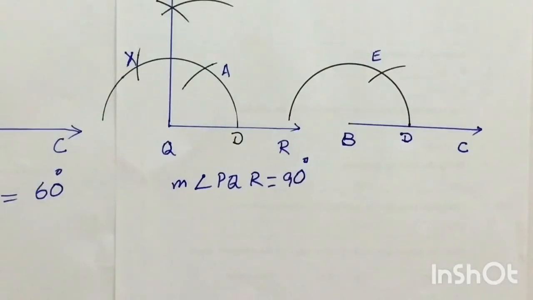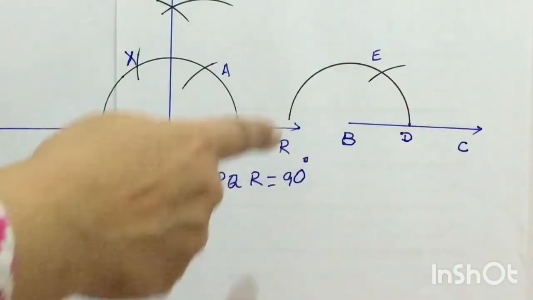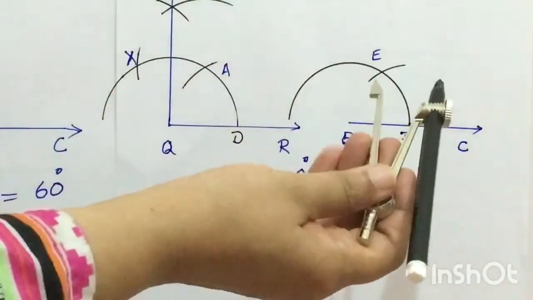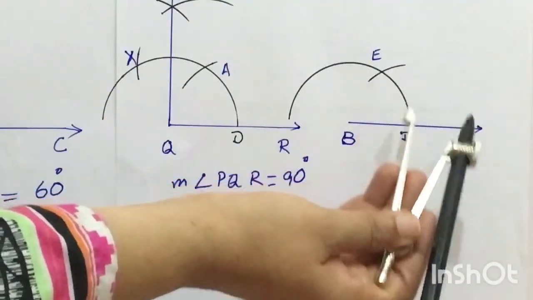Now I want to get the angle of 30 degrees. For this purpose I will just make an angle of 60 degrees, but I will not join B to E to form the terminal arm. I will just have to bisect the arc DE.